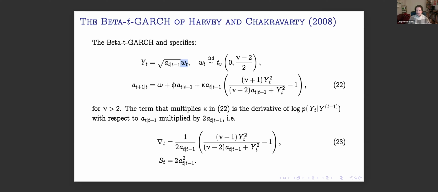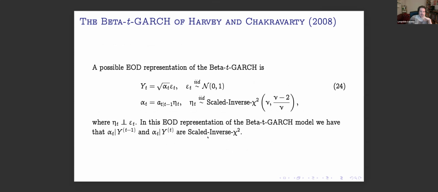So if nu is finite, then this is bounded. But it seems a bit ad hoc. So what's behind this updating mechanism?